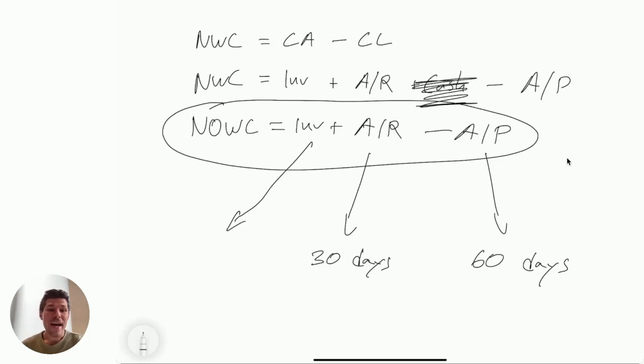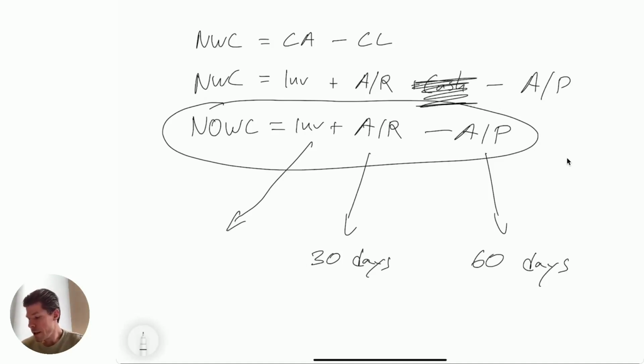That means you have excess cash available, because usually you would need to pay your supplier today, but because of the agreement, you only need to pay your supplier in 30, or in this example, in 60 days. So you have more cash available now, which improves your working capital position.